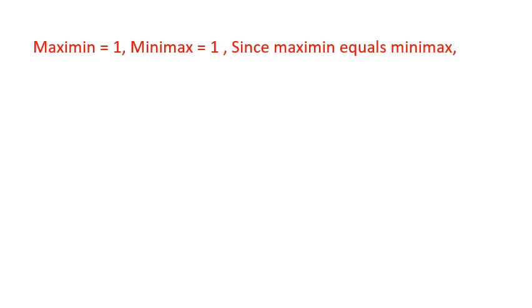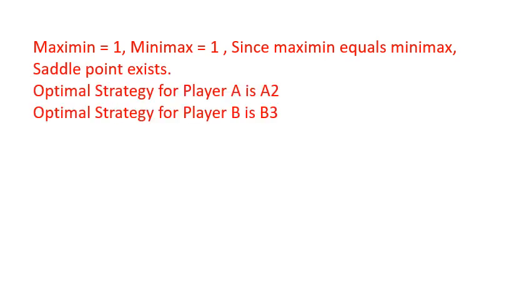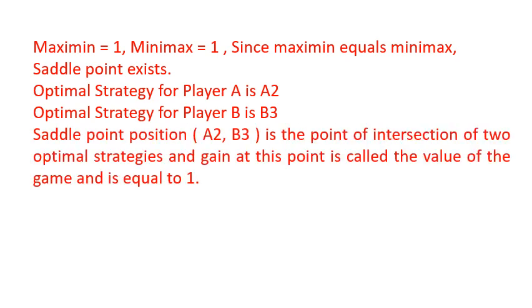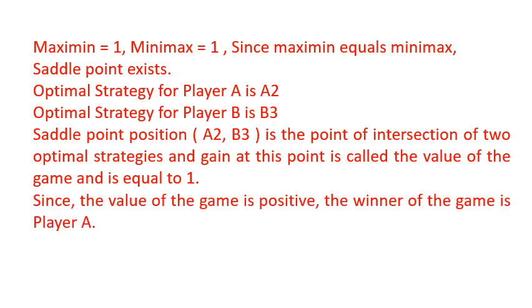Since maximin equals minimax, a saddle point exists. Optimal strategy for player A is A2, optimal strategy for player B is B3. The saddle point position A2 B3 is the point of intersection of the two optimal strategies, and the payoff or the gain at this point is called the value of the game and is equal to 1. Since the value of the game is positive, the winner of the game is player A.